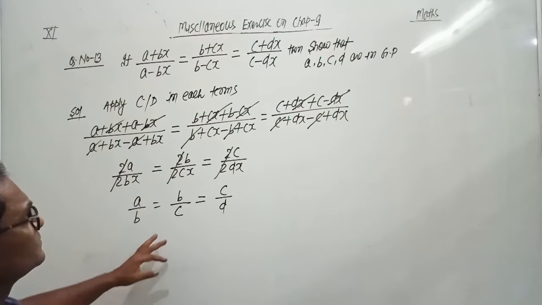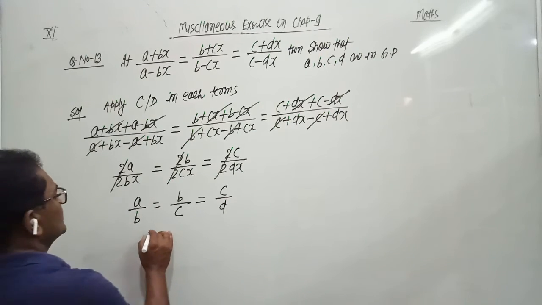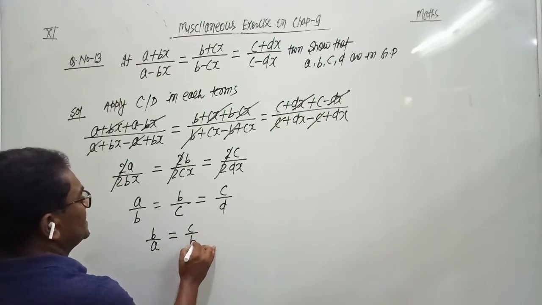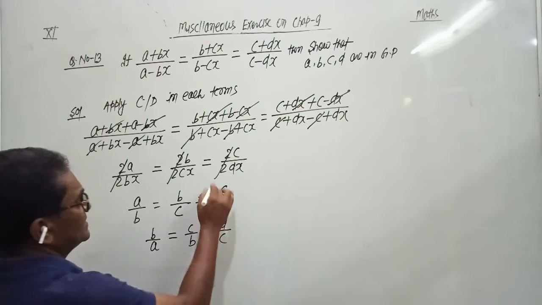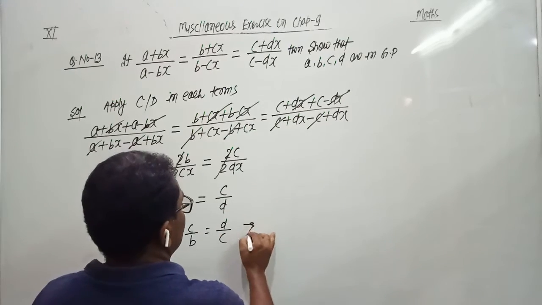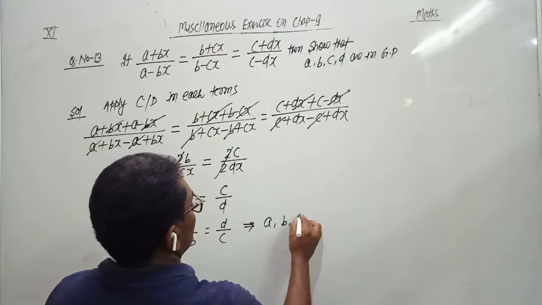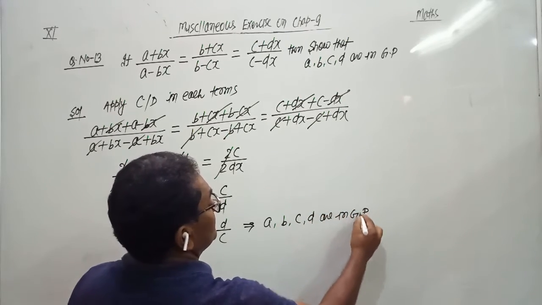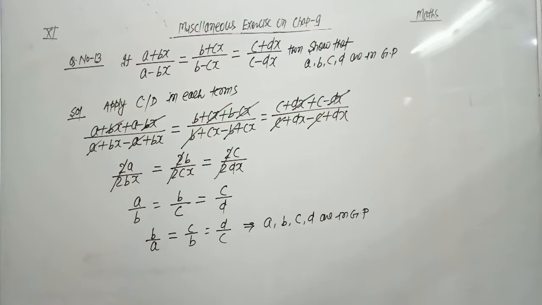It means this can also be written as b by a equals c by b equals d by c, by taking the reciprocal. So this implies that a, b, c, d are in GP.